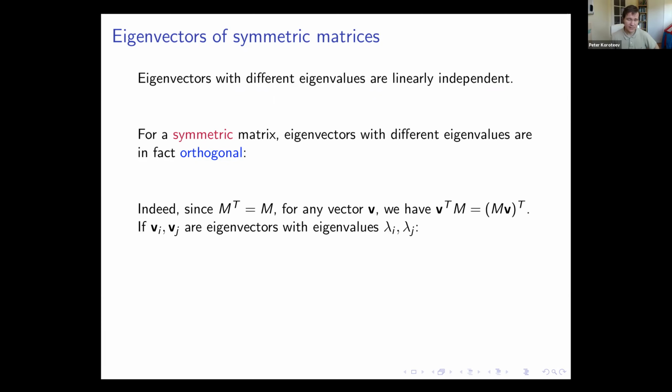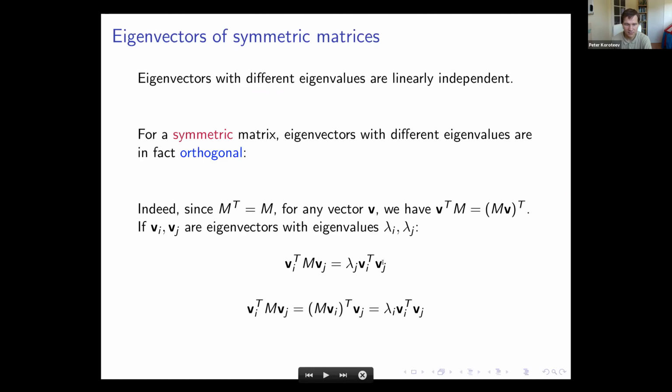If v_i and v_j are eigenvectors with eigenvalues lambda_i and lambda_j, then we can do this calculation. v_i transpose M v_j is equal to lambda_j times v_i transpose v_j, and that's one computation.